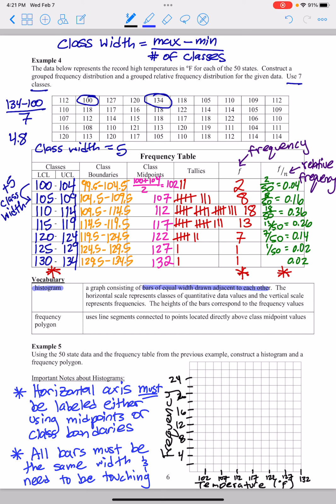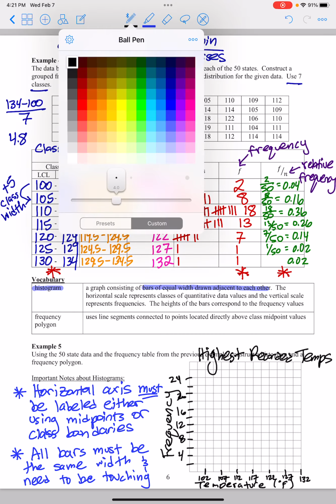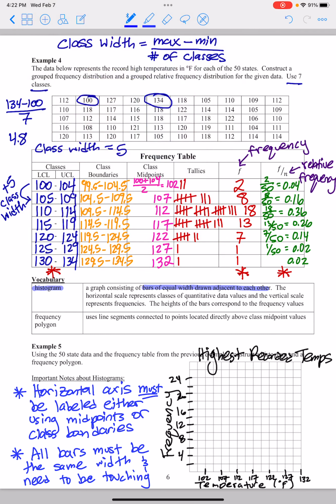And I'm going to give this a title. This is highest recorded temps. And then I need to go ahead and draw in my bars. So this one that has a midpoint of 102, there were 2 items in that class.